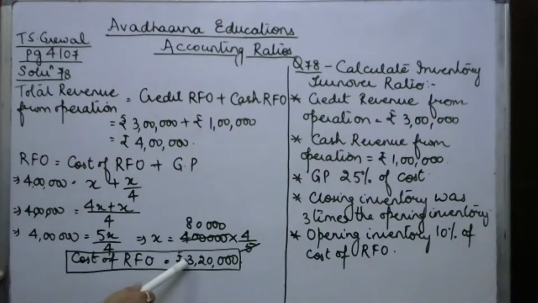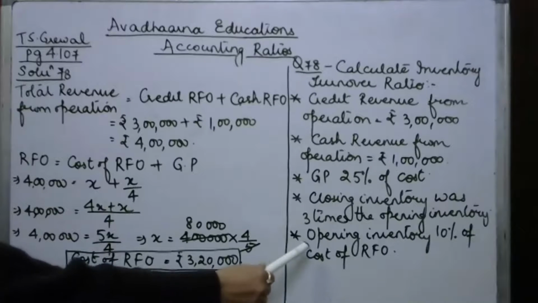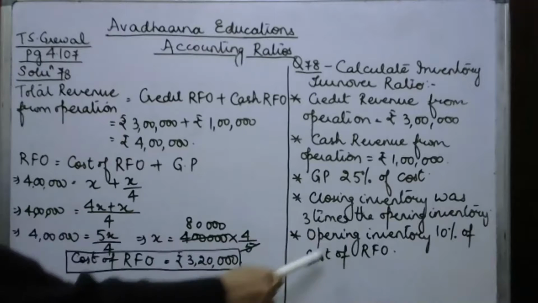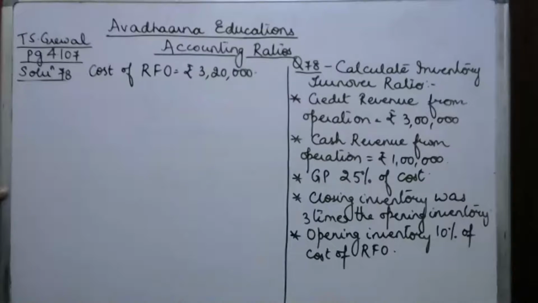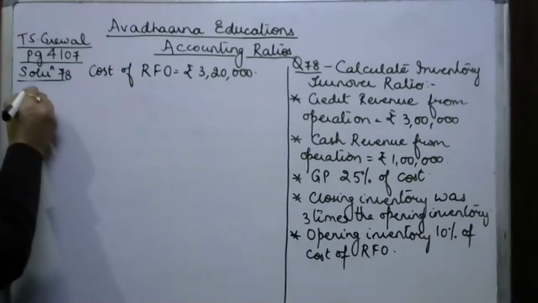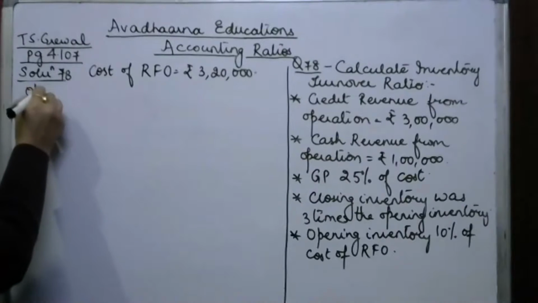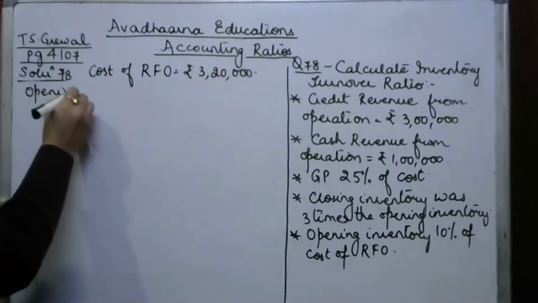Now we are going to use this information for calculating the opening inventory. Why? Because opening inventory is 10% of cost of revenue from operation. So let's calculate opening inventory.